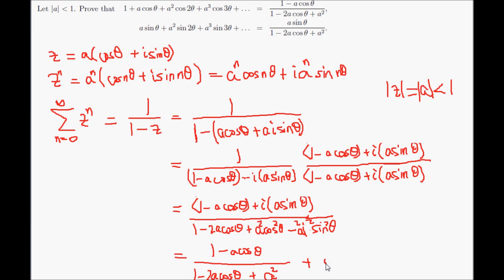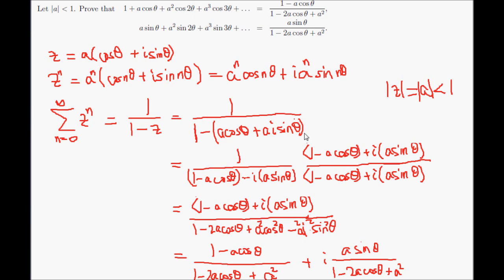So plus I times a sine theta over 1 minus 2a cosine theta plus a squared.